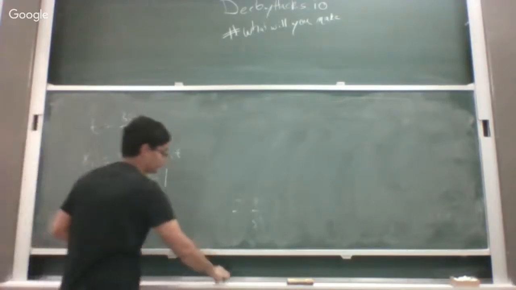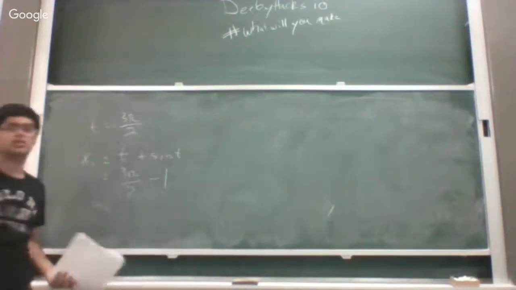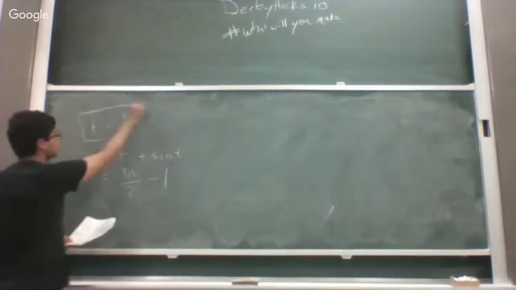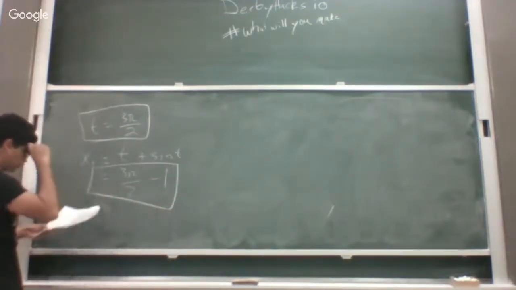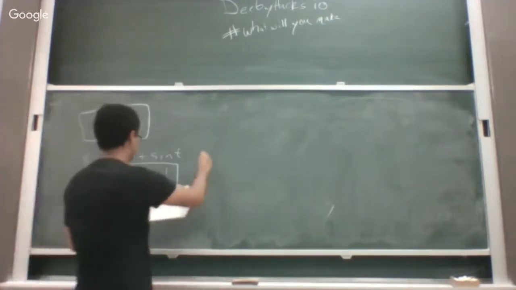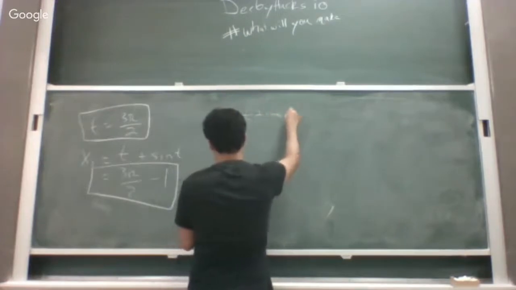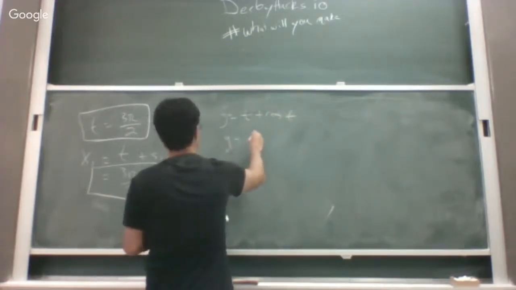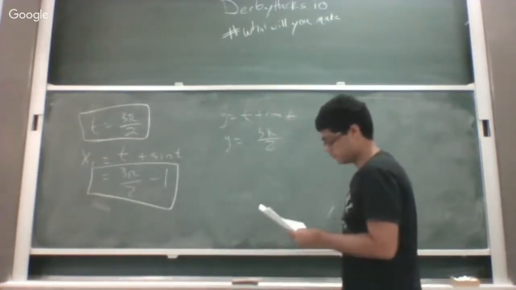So let's quickly move through this problem. This is like finding an equation for a line. You need coordinate points. At t equal to 3 pi over 2, x is equal to 3 pi over 2 minus 1. For y, t plus cosine of t, we have y is just equal to 3 pi over 2, because the cosine goes to 0.